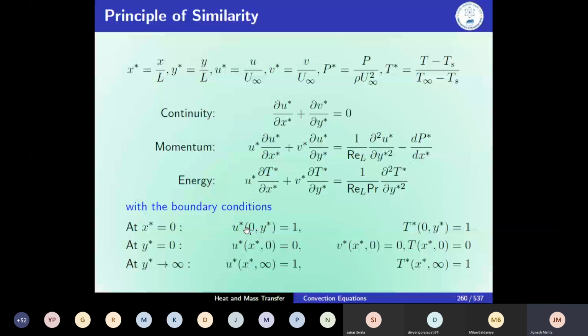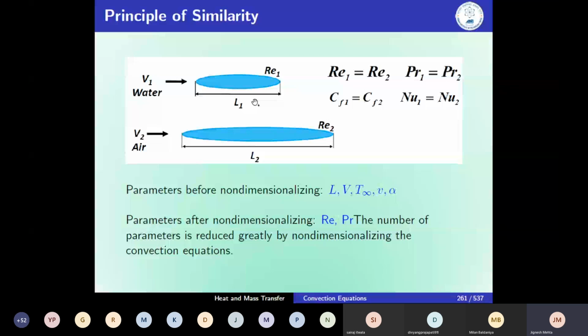Why is this exercise of non-dimensionalizing the equations done, or why are some non-dimensional parameters formed? The reason for this is, for example, if you have two different solids, one having length L1 and the other having length L2.